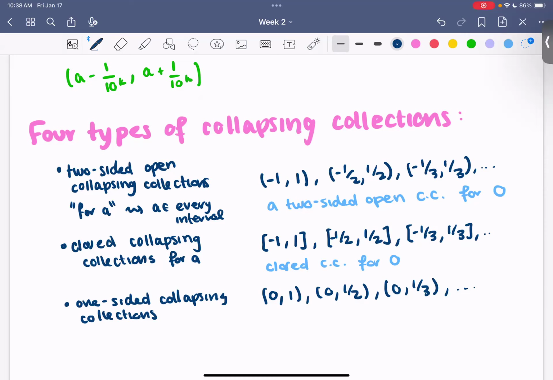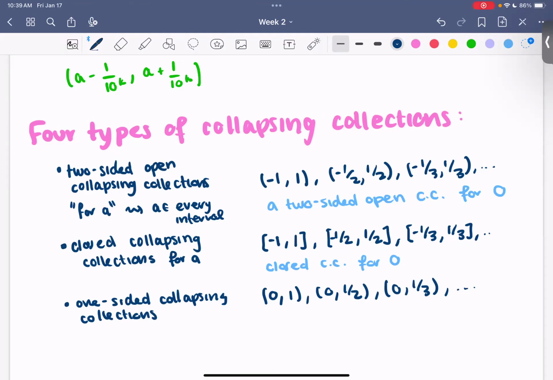Okay, so these don't contain any number, but we still say they're a one-sided collapsing collection for 0 because 0 is sort of what they're shrinking towards in an intuitive sense. So if you have one side of your intervals the same always, then that's a one-sided collapsing collection for whatever that number is.